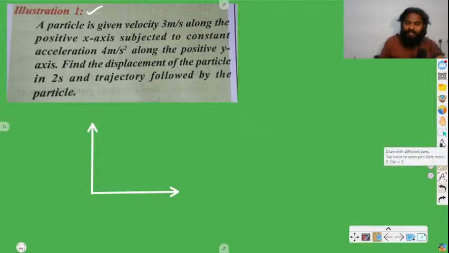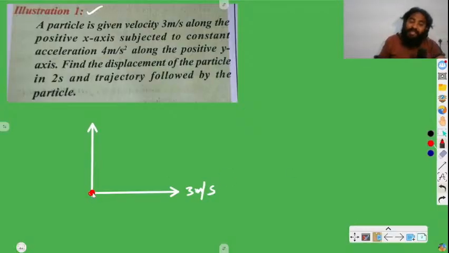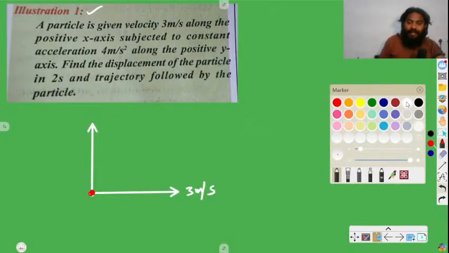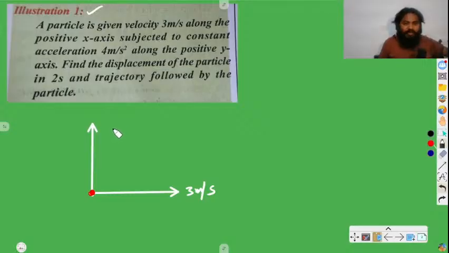Means what they are asking is, in this direction a particle is moving at 3 meter per second. This is the position of the particle. Initially the particle is here, and it is moving in this direction at 3 meter per second speed. And then what happened? They applied an acceleration of 4 meter per second square along the y-axis.